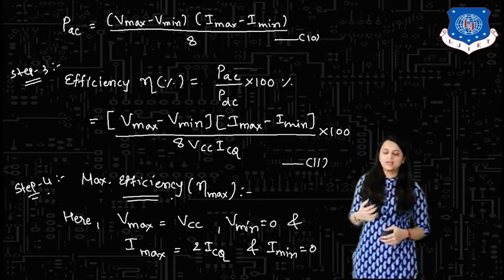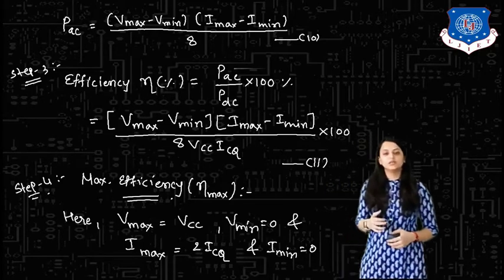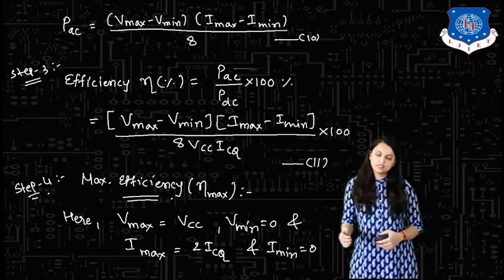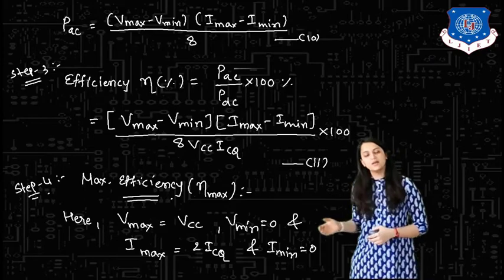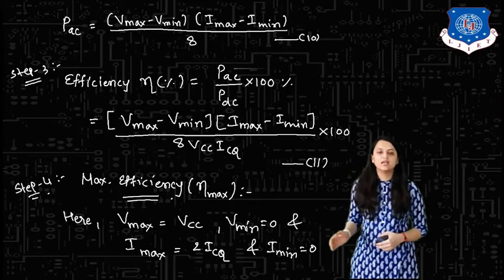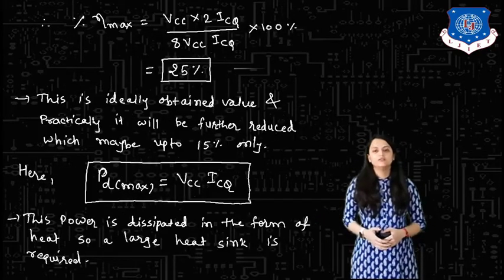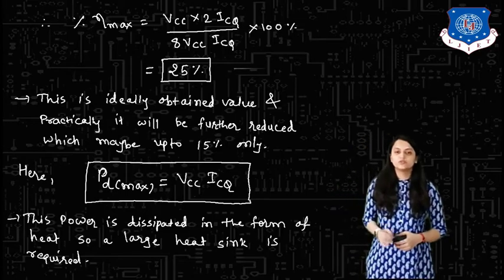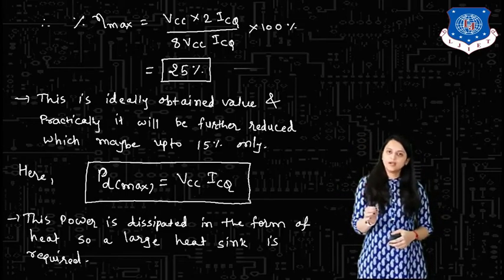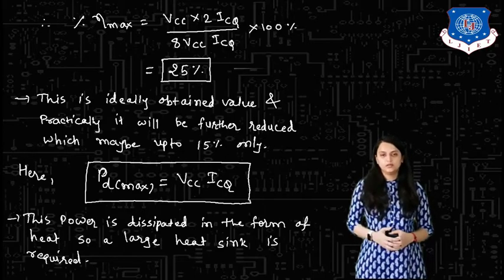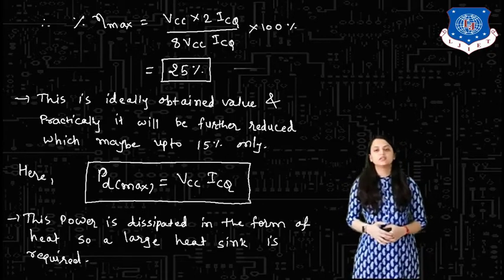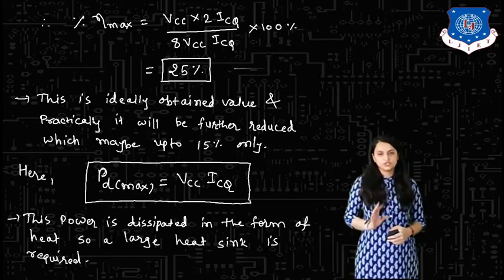For maximum efficiency, in equation number 11, Vmax equals VCC and Vmin equals 0, also Imax equals 2 ICQ and Imin equals 0. We will have maximum efficiency equals VCC into 2 ICQ divided by 8 VCC into ICQ, multiplied by 100. Simplifying this, we get 25% efficiency.